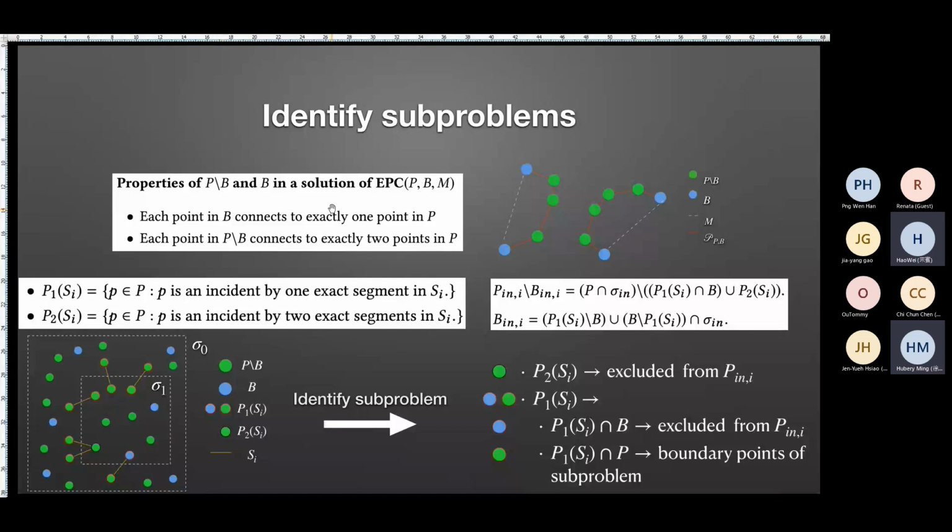Actually, we use the property of the solution to the instance of EPC. Each boundary point should connect to exactly one point in P, and other points should connect to exactly 2 points. We use this property to identify the boundary points in the subproblems.